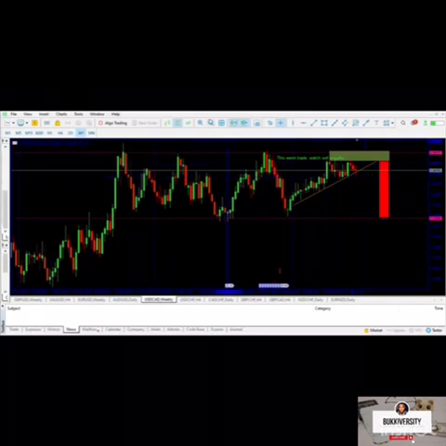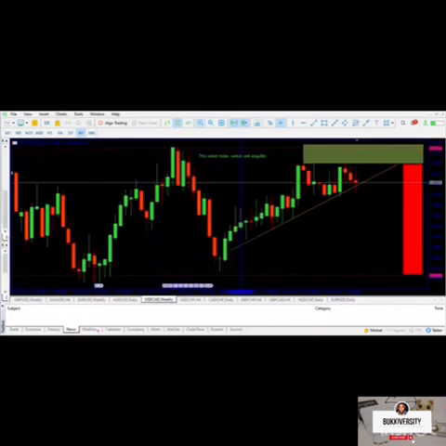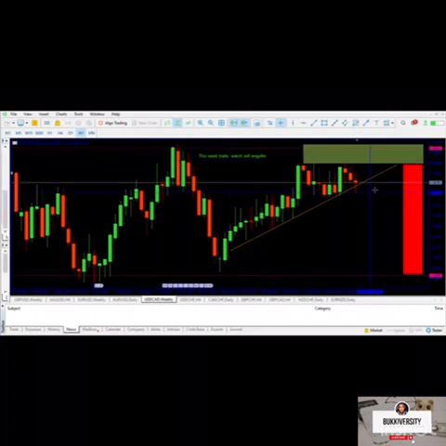So we're expecting the US dollar to drop massively this week if it comes out exactly how our fundamentals have said and in line with our price action. Our price action is already giving us a bias that price has gotten to a level where it will be rejected. So the fundamental will only confirm it for us.